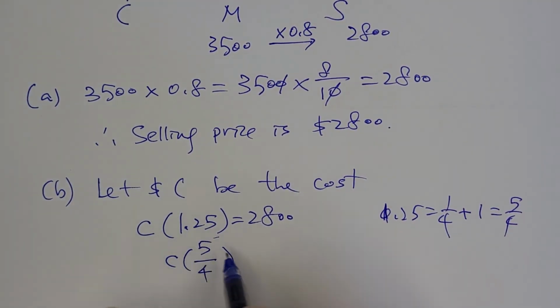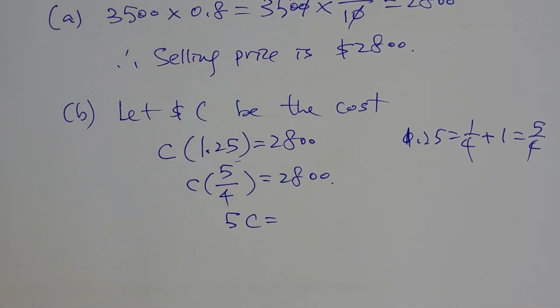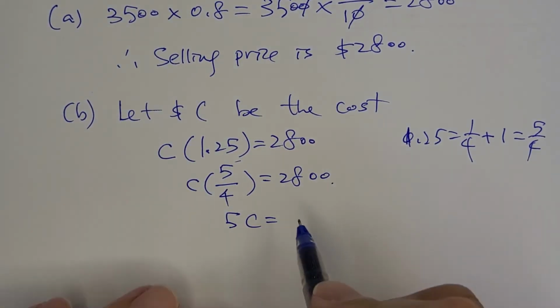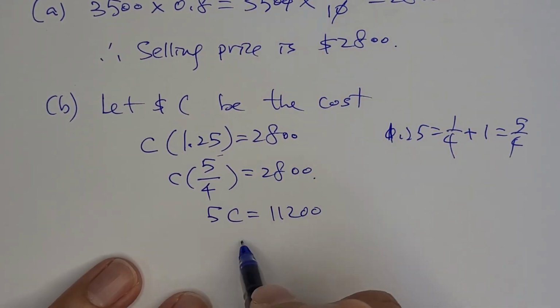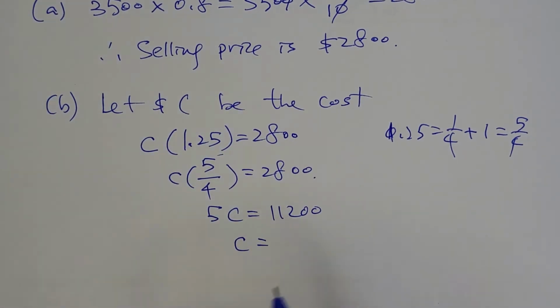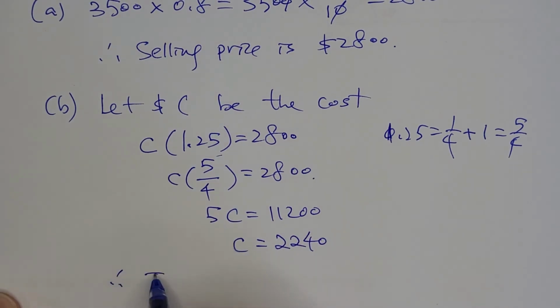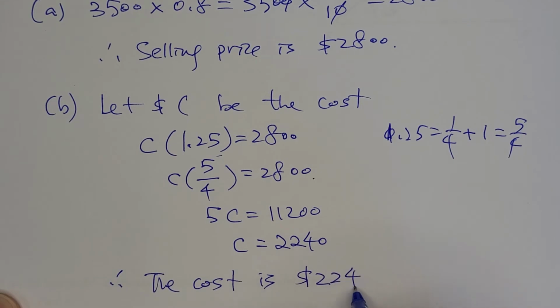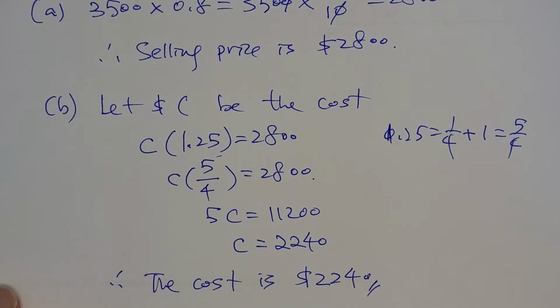So 5 times C is 2800 times 4, 11,200. Both sides divided by 5, then that is 2,240. Therefore, the cost is $2,240.